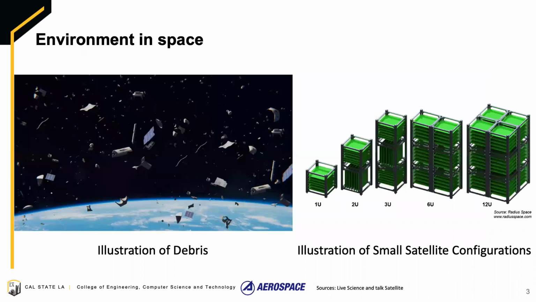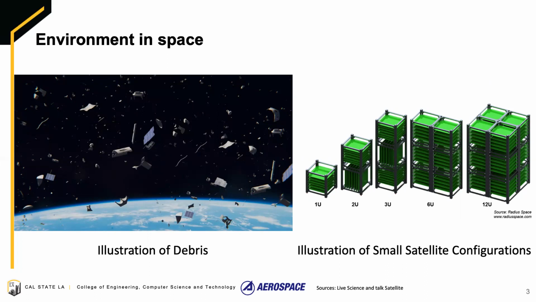Space is an environment with some gravity that allows objects to go in orbit. Many objects may be found orbiting the Earth besides the Moon. The illustration on the left is debris, which are objects left behind in space over time. The debris may range in size, including pieces of paint, fragments of satellites themselves, and fragments created by explosions or collisions.